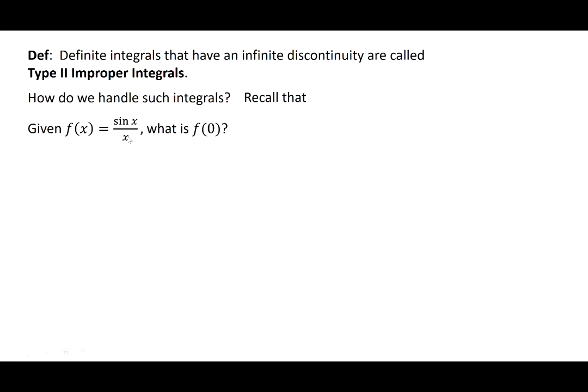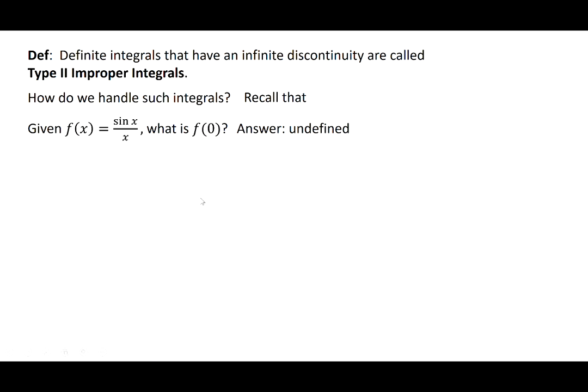Sine 0 is 0, and 0 over 0 is, please do not say 1. Okay, 0 over 0, that's undefined. So we know that f of 0, when f of x is sine x over x, is clearly undefined.